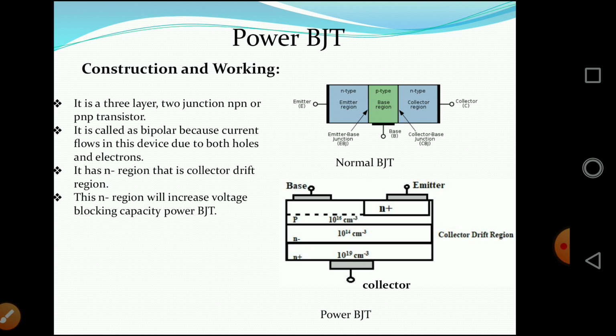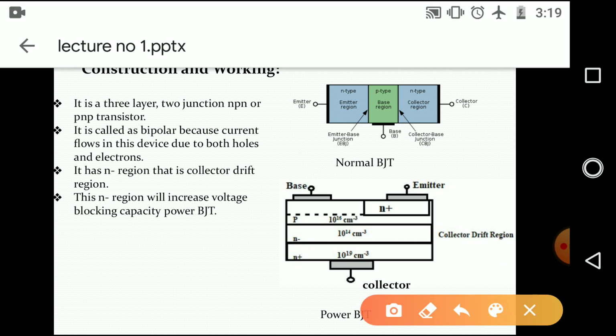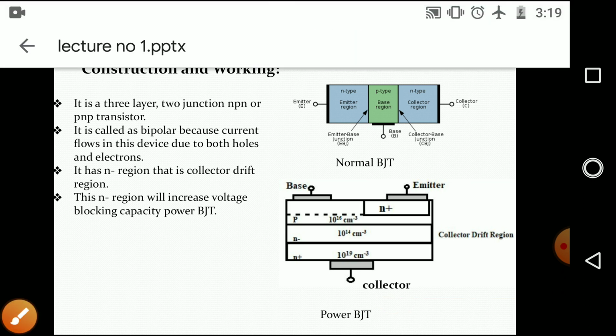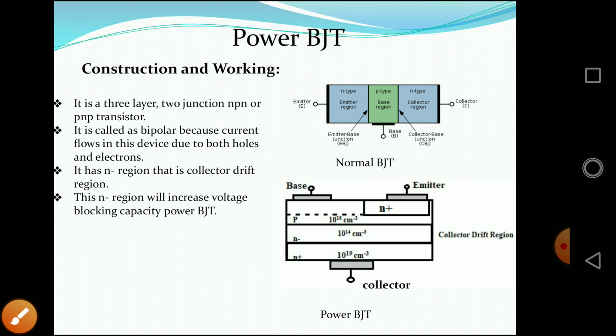During normal operation, in forward biased mode, power BJTs operate as normal switches, the same as normal power semiconductor devices. But when reverse voltage is given, due to the N minus collector drift region, the power BJT operates as an open switch. During that condition, the depletion layer width goes on increasing.